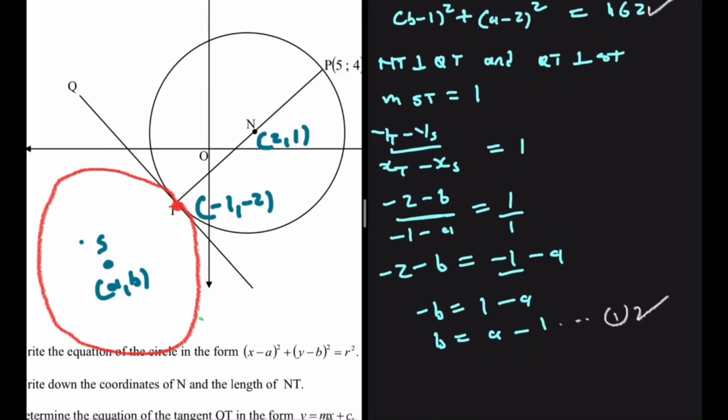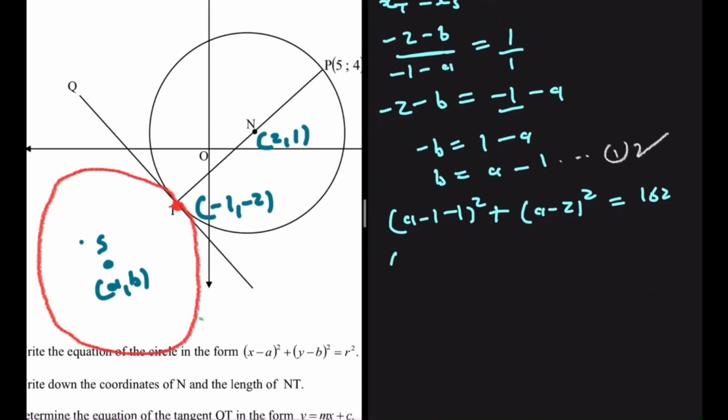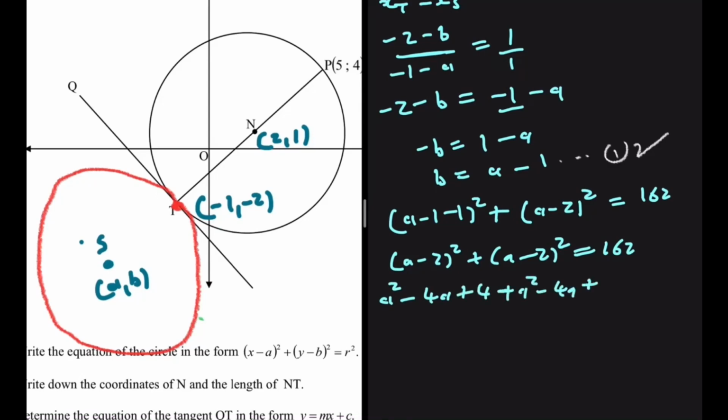And then what we want to do is to substitute this equation into this equation. Instead of having b, we're going to have a minus 1, and then minus 1 squared plus a minus 2 squared is equals to 162. So we're going to have a minus 2 squared plus a minus 2 squared being equals to 162. That is a squared minus 4a plus 4 plus a squared minus 4a plus 4.